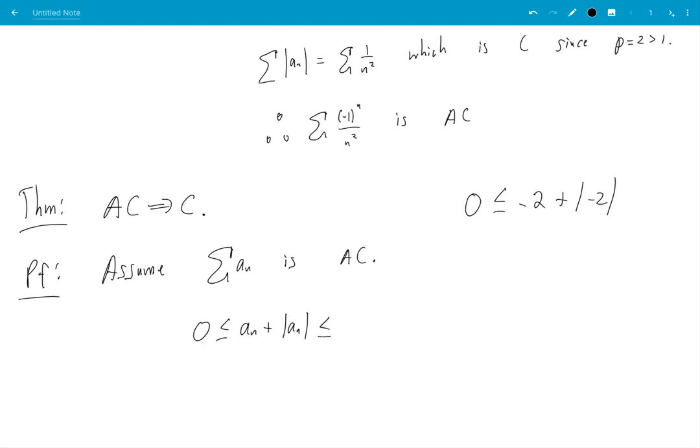But it's less than the absolute value of -2 plus the absolute value of -2, and that's 2 times the absolute value.